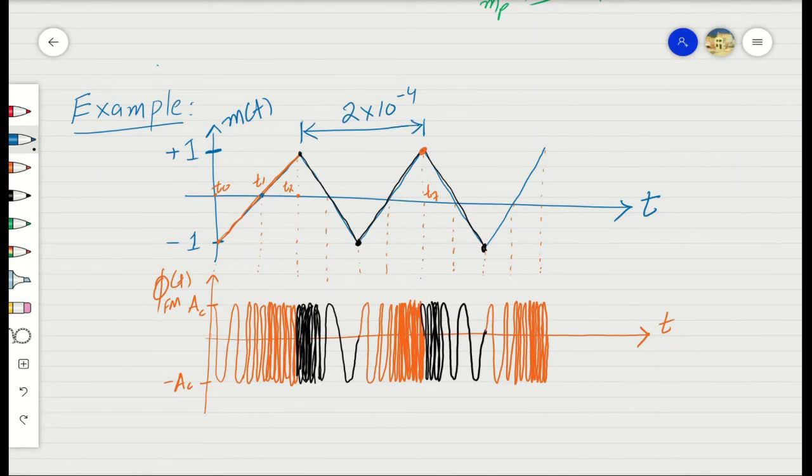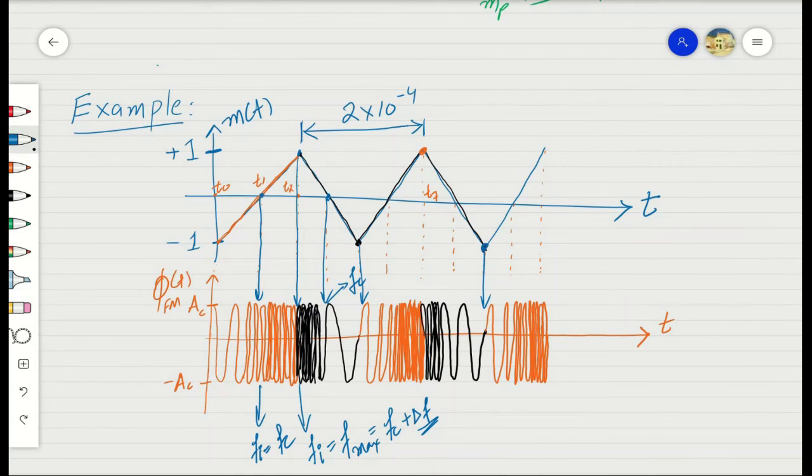So for the time instant t0, the instantaneous frequency here will be equal to fc. For the time instant, let's say t1, the instantaneous frequency will be equal to the maximum frequency of the modulated signal, which was equal to fc plus delta f.